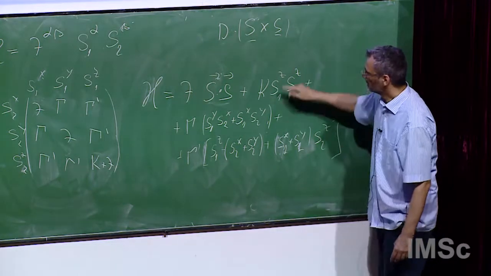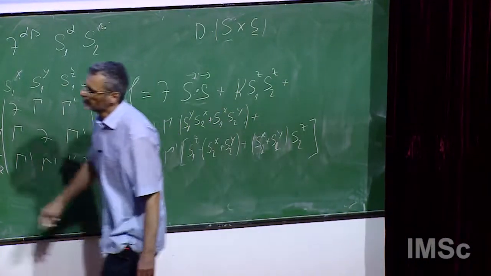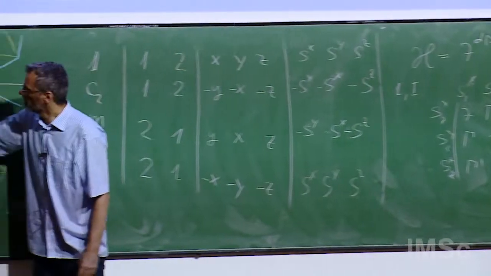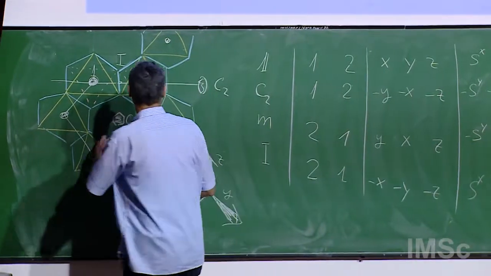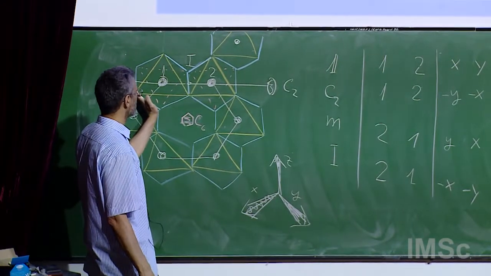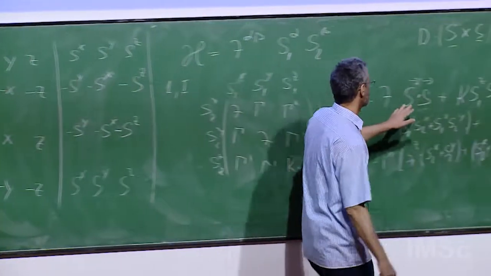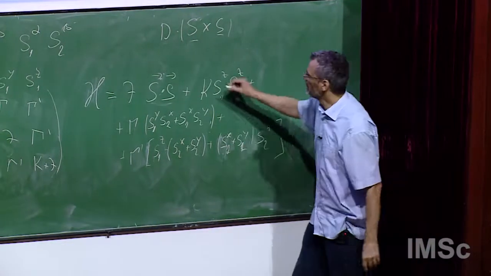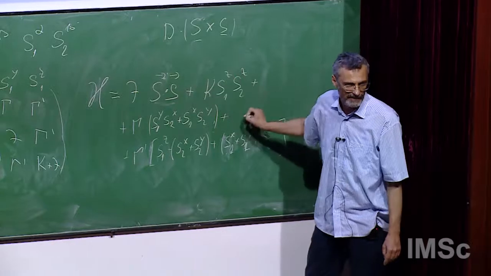Okay, so this is the most general symmetry-allowed Hamiltonian for this bond in this lattice. Similarly, we can work out how it looks for the other bonds. Since Z was orthogonal to this one, here the y-axis is orthogonal, so it is easy to deduce that what we will have here is K times Sy. So what we got is the Heisenberg part and an anisotropy that is exactly of Kitaev type.